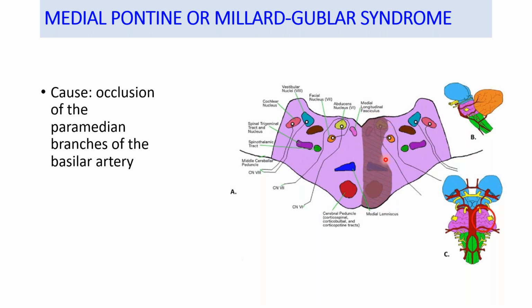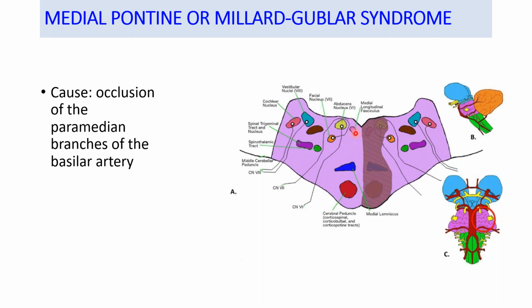You can see the distribution of the basilar artery over here. If these paramedian branches are damaged, the occlusion will lead to the medial pontine syndrome.